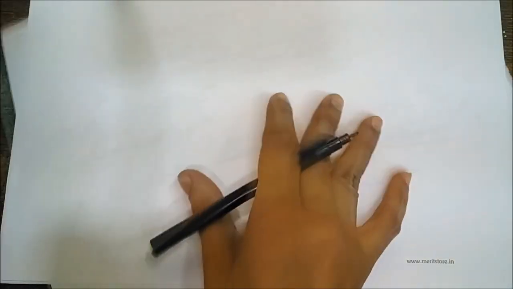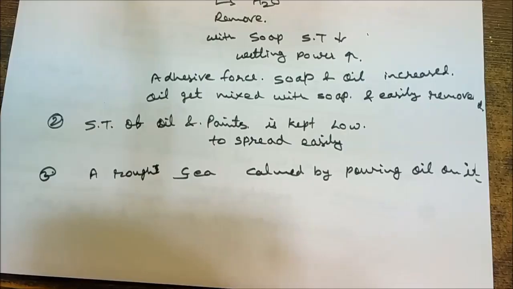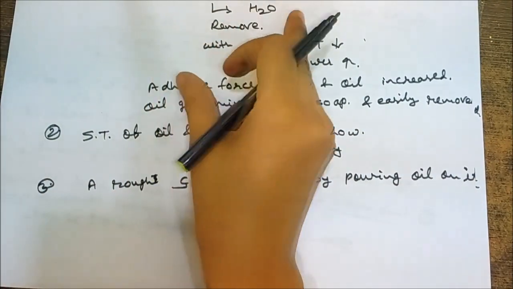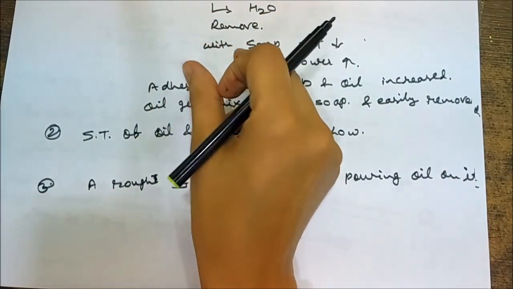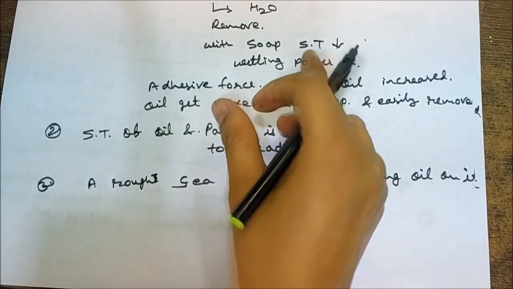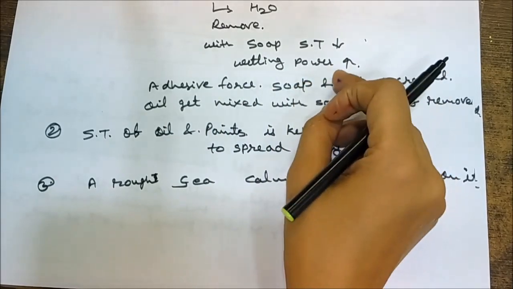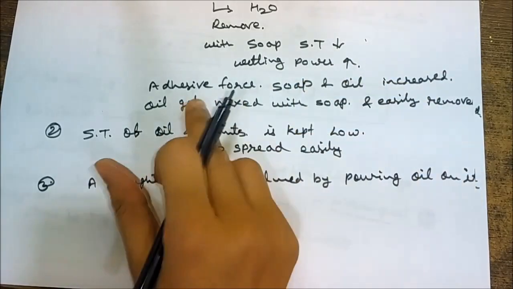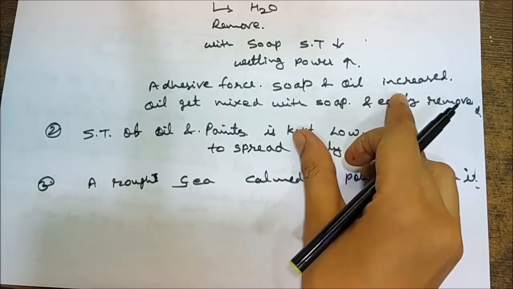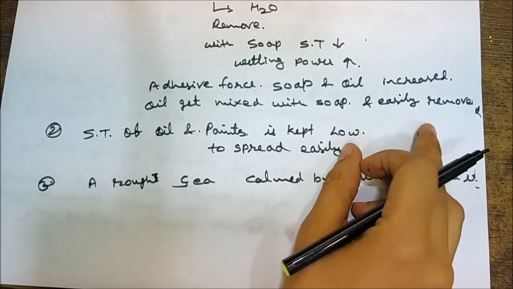Now applications of surface tension. Oil and grease spots on clothes can be removed by water, and on applying soap the surface tension is decreased and the wetting power of soap is increased. So the adhesive force of soap and oil is increased, and the oil gets mixed with soap and is easily removed.